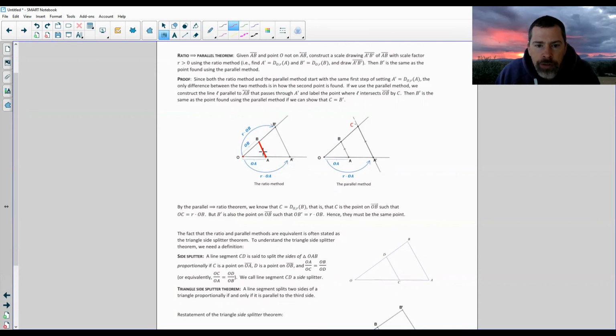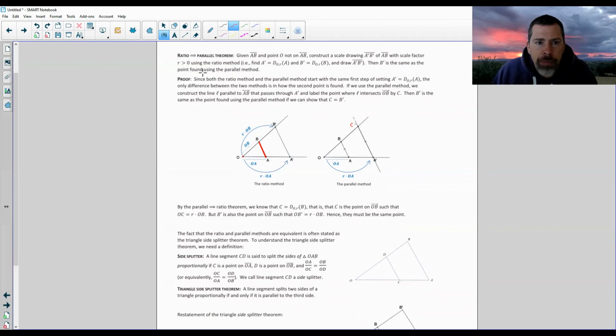Construct a scale drawing, A prime, B prime, of AB with a scale factor R greater than 0 using the ratio method, i.e. find A prime, which is a dilation from O of some ratio of A, and B prime, a dilation from O of some R ratio of dilation of B to get to B prime, and draw A prime, B prime.